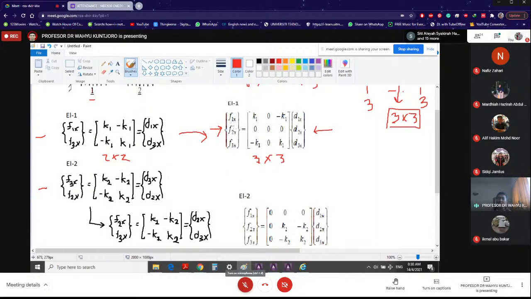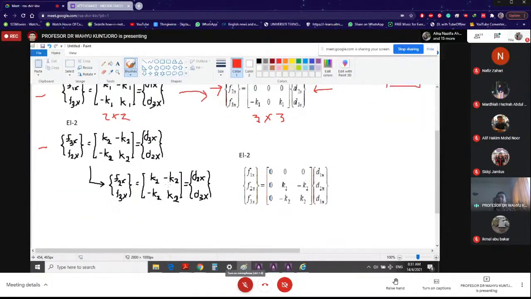Here it is 1, 2, 3, so it has to be 1, 2, 3. Only then can you combine the equations together. But from what we did, it is 3, 2. So before you expand, you need to rearrange the sequence from 3, 2 into 2, 3.